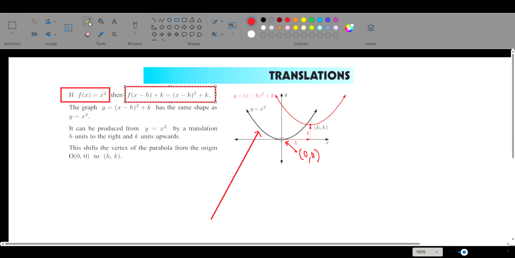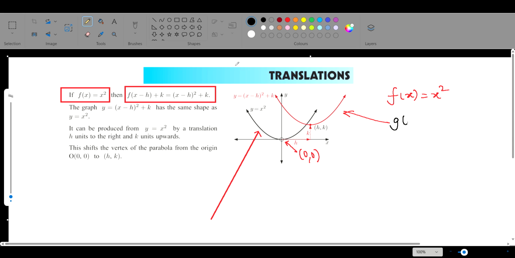So mathematically, how do I say that this transformation is happening? The original function was x square, and the new function, which I am calling g of x, happened because it shifted h units to the right and k units upward.